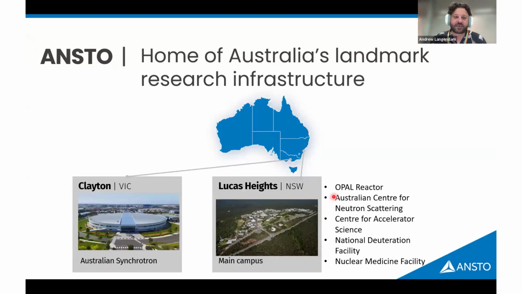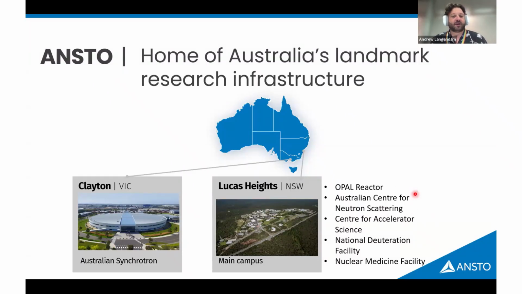So just for a bit of context, ANSTO is the global organization that the synchrotron is part of. We have two campuses. Our main campus is up at Lucas Heights in New South Wales. That's where we have the Opal Research Reactor, which produces a lot of the medical isotopes for Australia, plus a lot of neutron scattering and particle physics facilities.